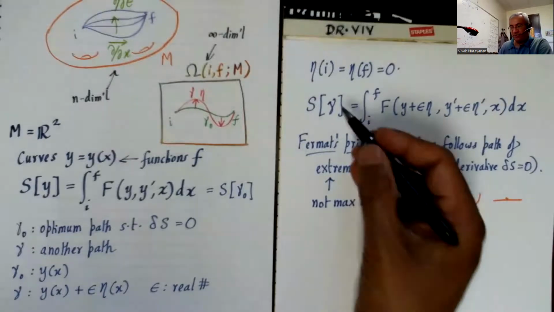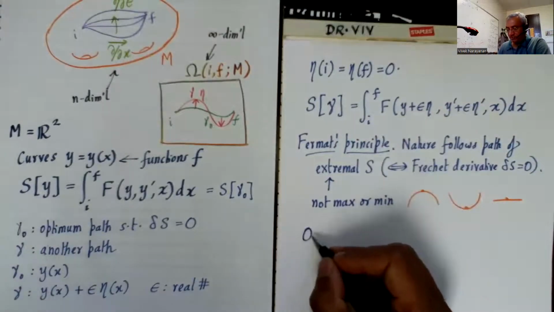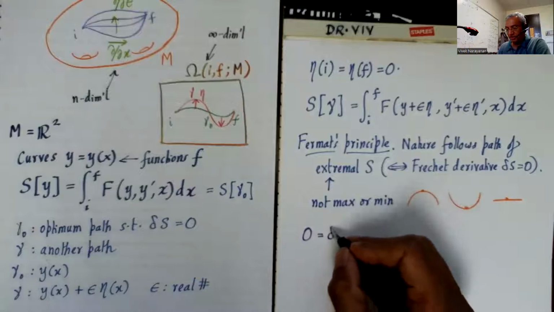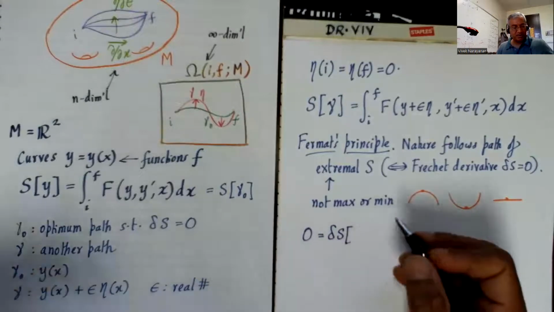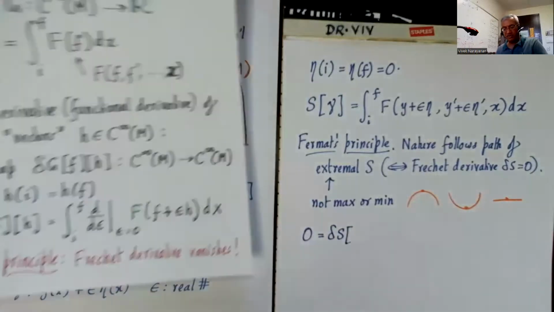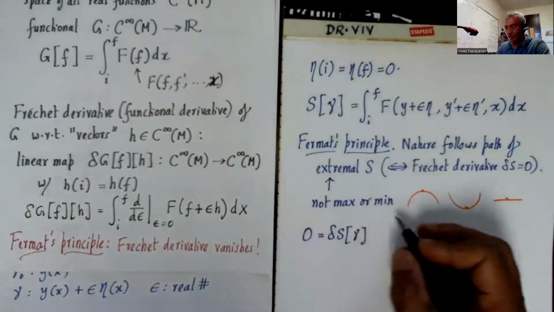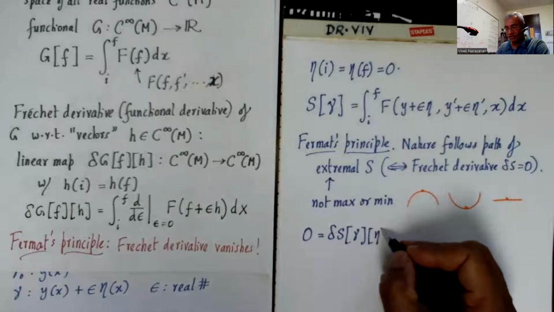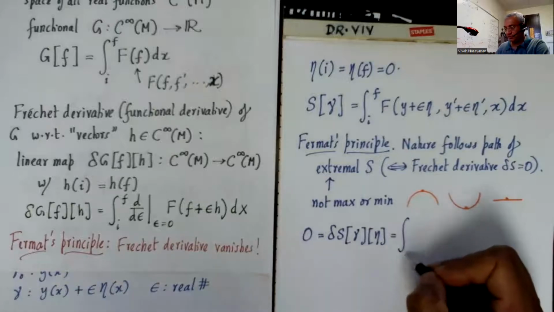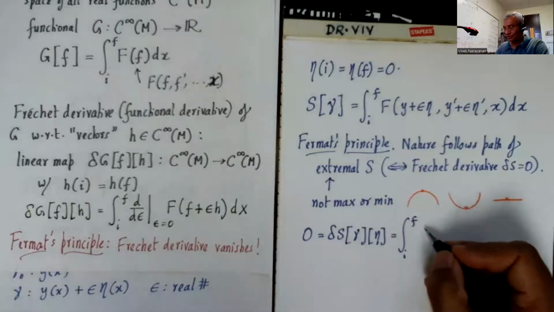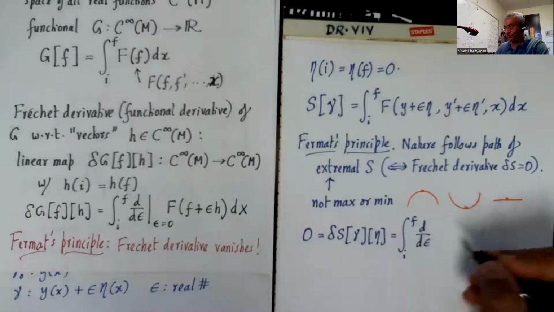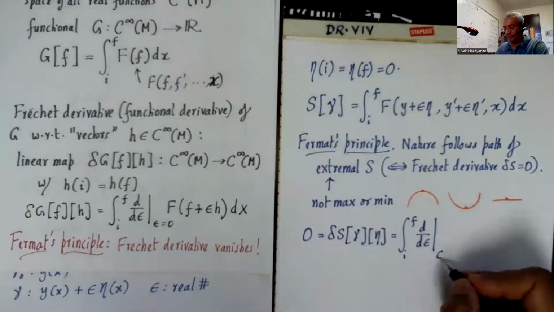All right, now let's get busy with this. The Frechet derivative has to be zero, so zero equals delta S. Let's recall the form of the Frechet derivative. It is this one here, delta S gamma eta, which is the integral from I to F, d by d epsilon evaluated at epsilon equal to zero.